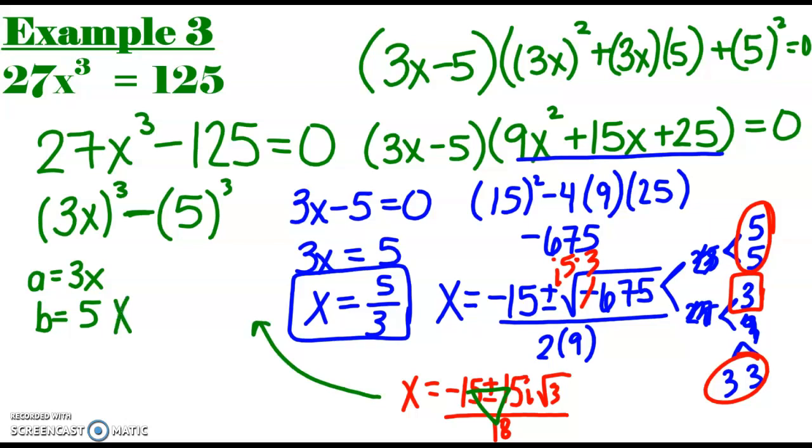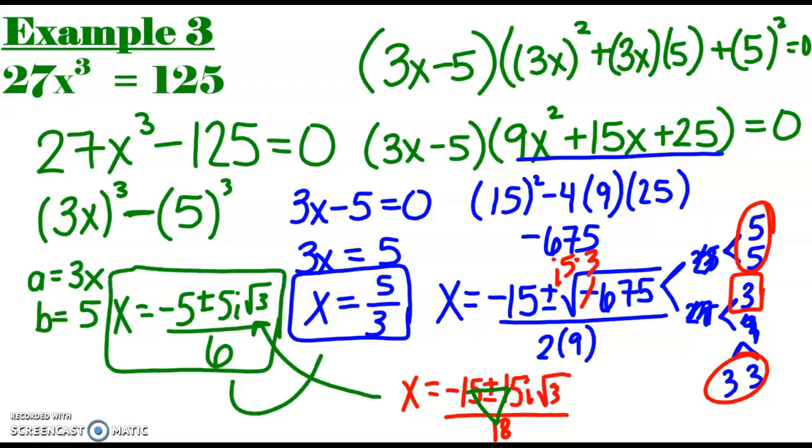So our final answers would be x equals negative 15 divided by 3 is negative 5, plus or minus 5i radical 3, over 6. So there's your 3 solutions. Negative 5 plus and minus 5i radical 3 all over 6. There's 2 answers there. And then 5/3.